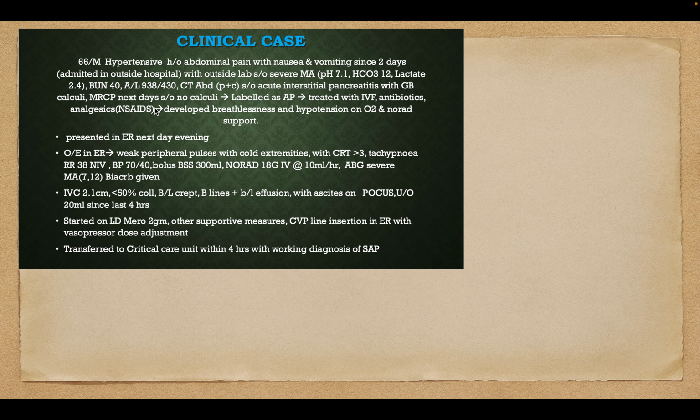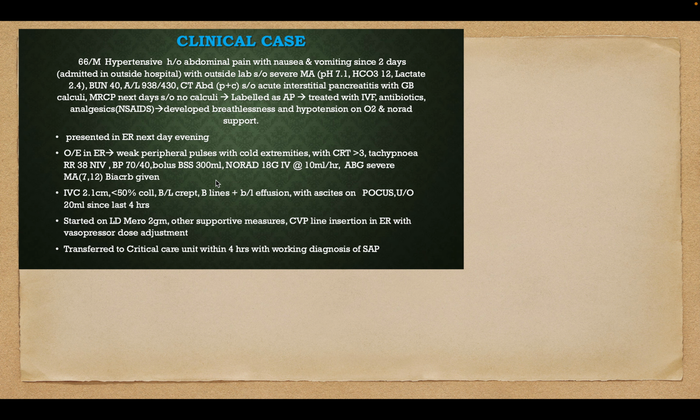MRCP, which was done in the next days, did not show any calculi and it was labeled as acute pancreatitis. It was treated with IV fluids, antibiotics, analgesics, and he developed breathlessness and hypotension, and was shifted on oxygen and noradrenaline support.